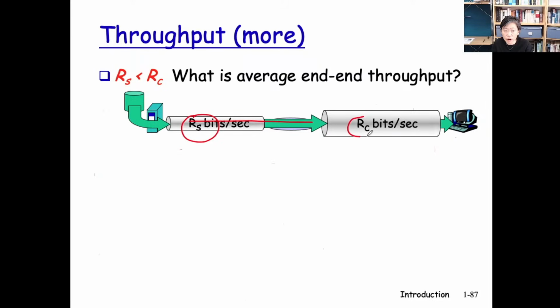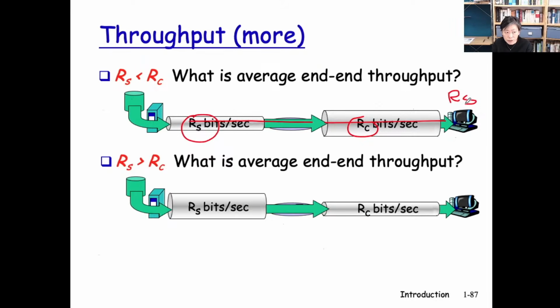Even though RC is bigger, the amount of water that will effectively go through to the receiver is still RS. If it's the other way around, with RS larger than RC, there could be a lot more water coming in, but RC, being thinner, is going to limit the rate at which the fluid travels through.